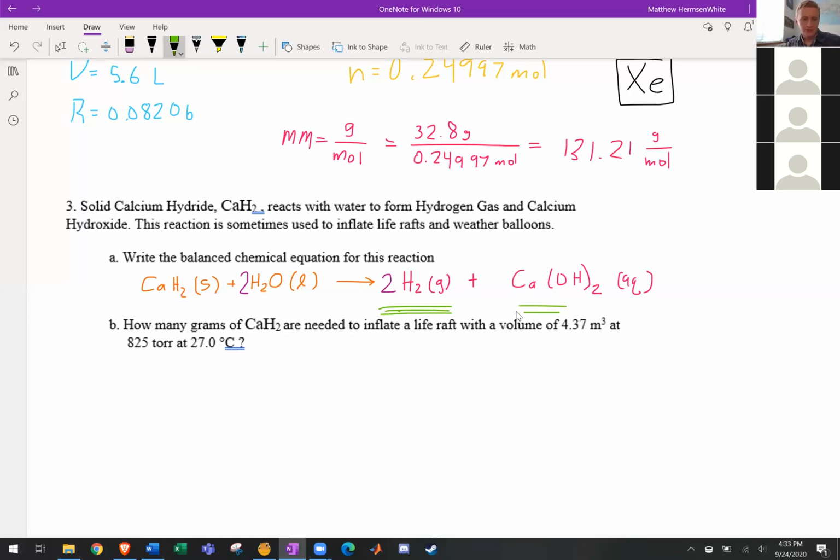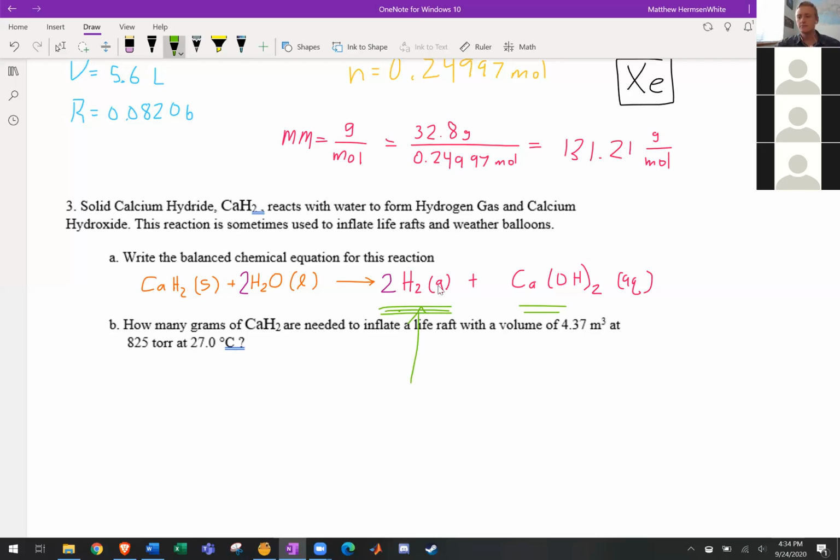Well, maybe I should have read forward a little bit to what we're doing. We are searching for how many grams of CaH2 we need to inflate a life raft. The part that's doing the inflation is going to be the hydrogen gas. It's going to be this one. It's not going to be the Ca(OH)2. Why is it just the hydrogen? Because the hydrogen is the gas.